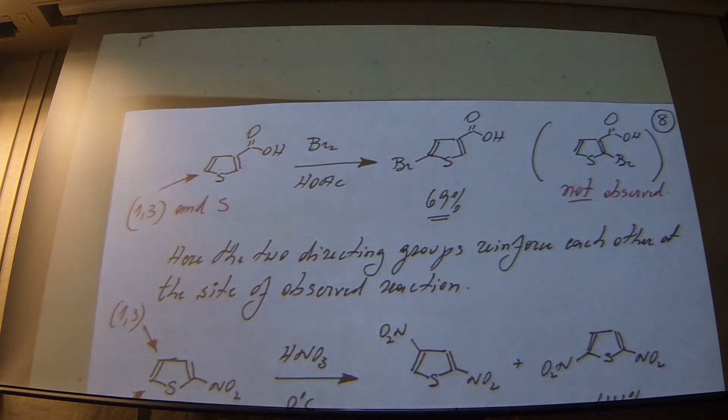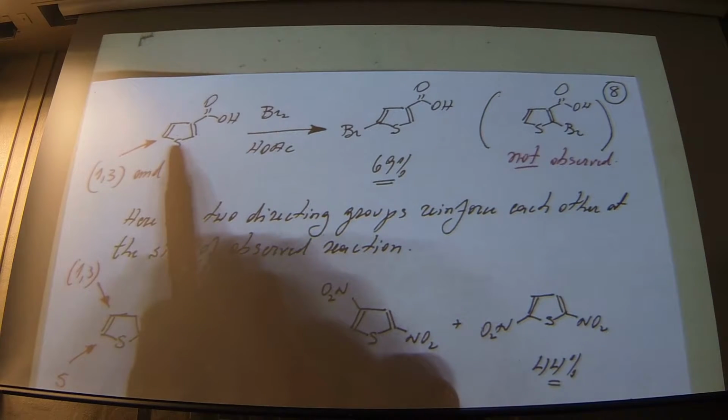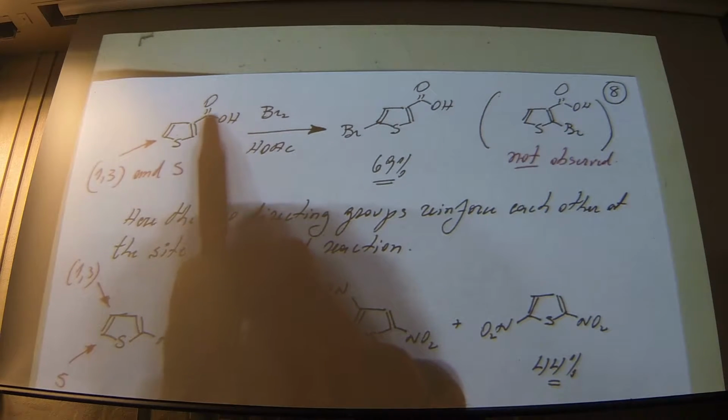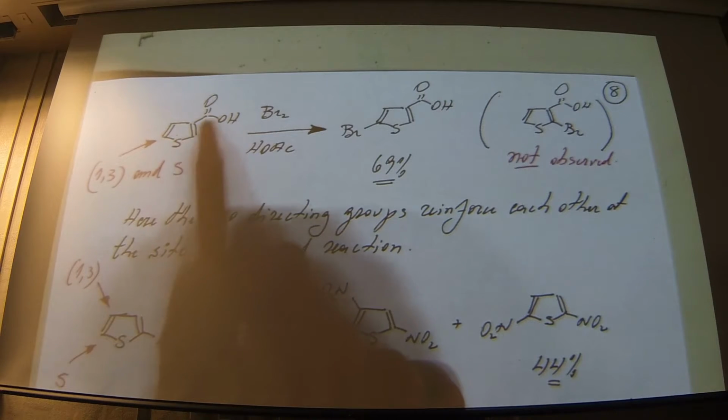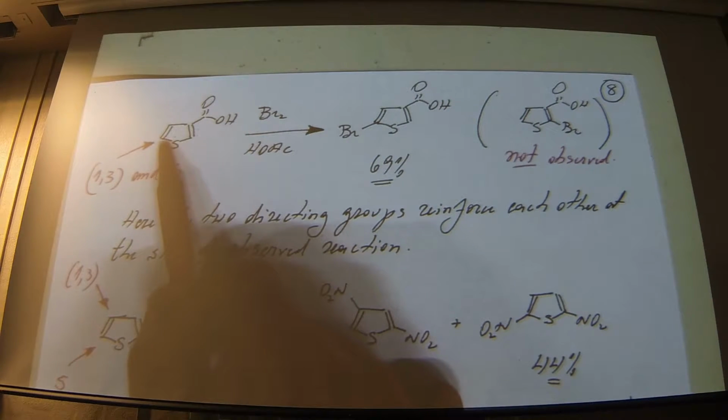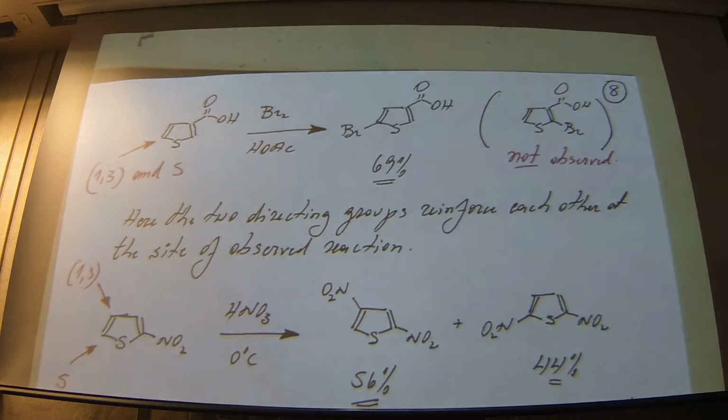And so the heteroatom always will direct at these two positions. If you have an electron withdrawing group, it will direct here. And so in this particular molecule, the site that I'm pointing to is doubly directed; that's where both substituents, if you will, direct. And so you get exclusively one product.